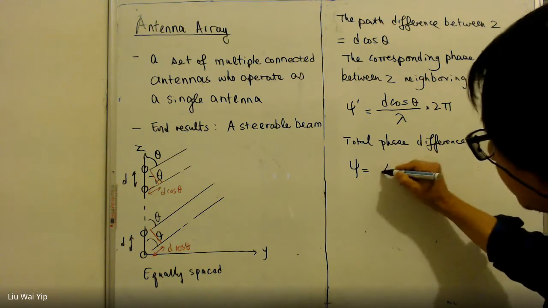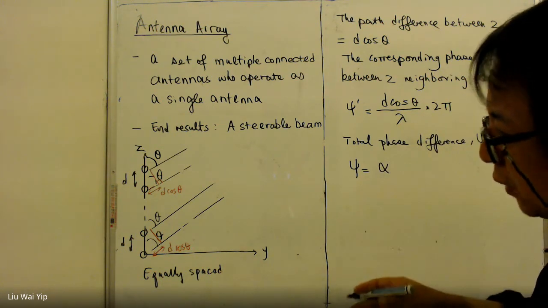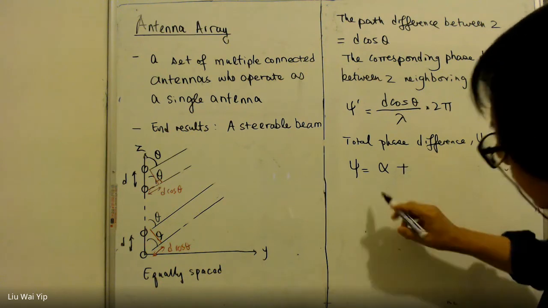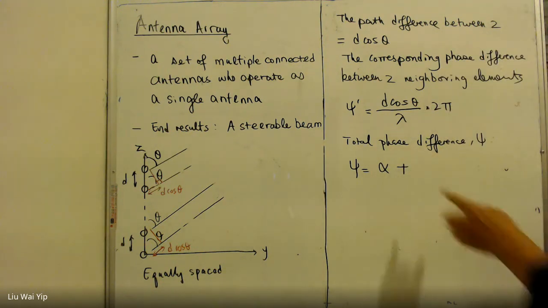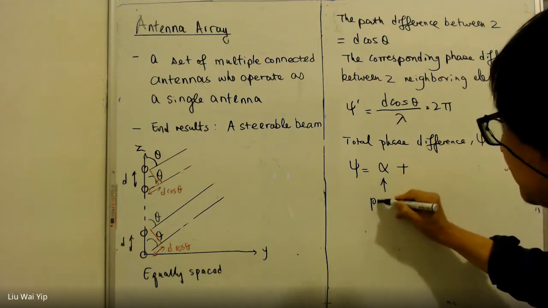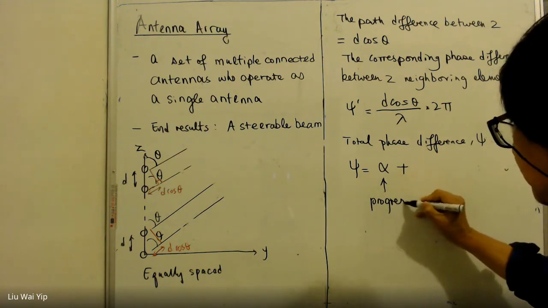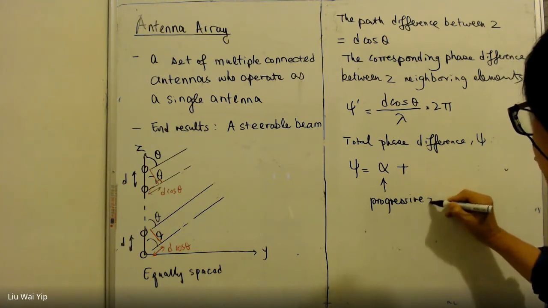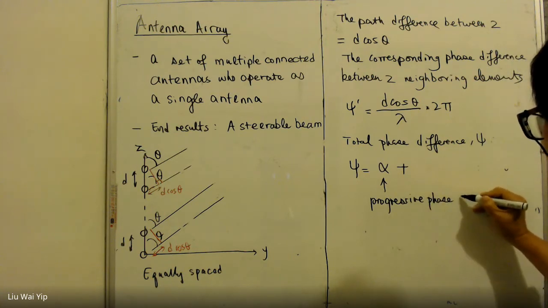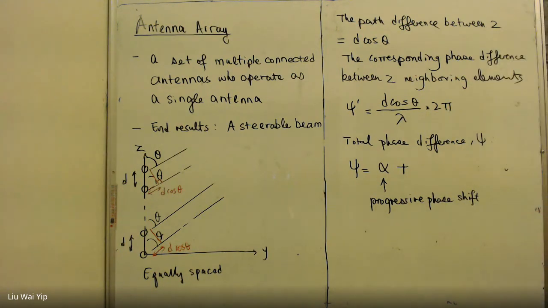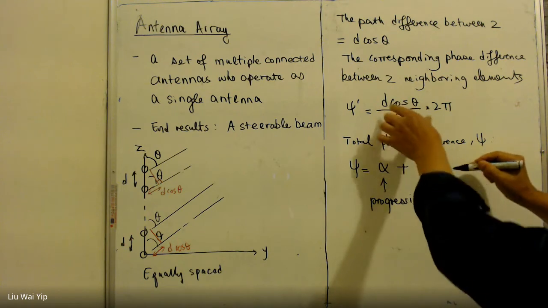You can just add more delay or less delay. And this relation is represented by alpha. This is the so-called progressive phase shift or artificial phase shift, plus the original one here.